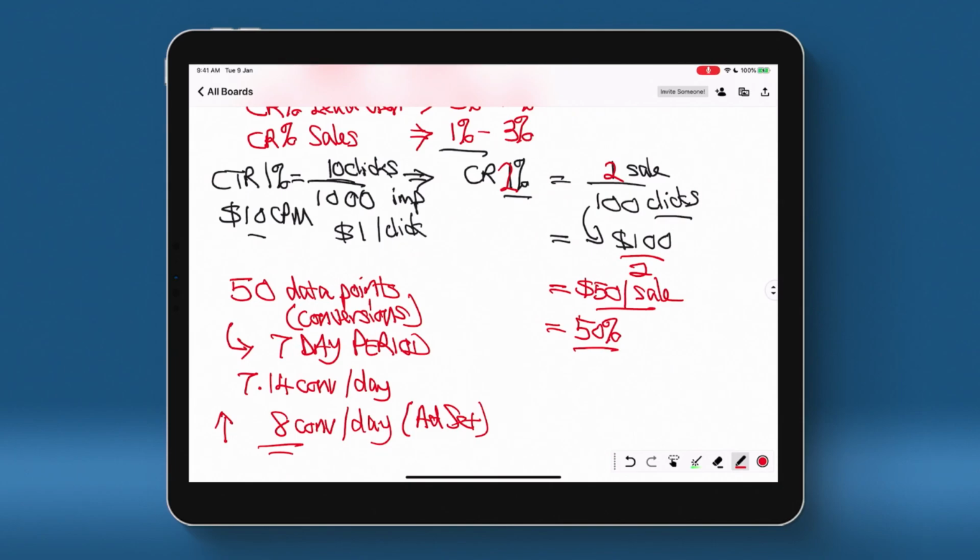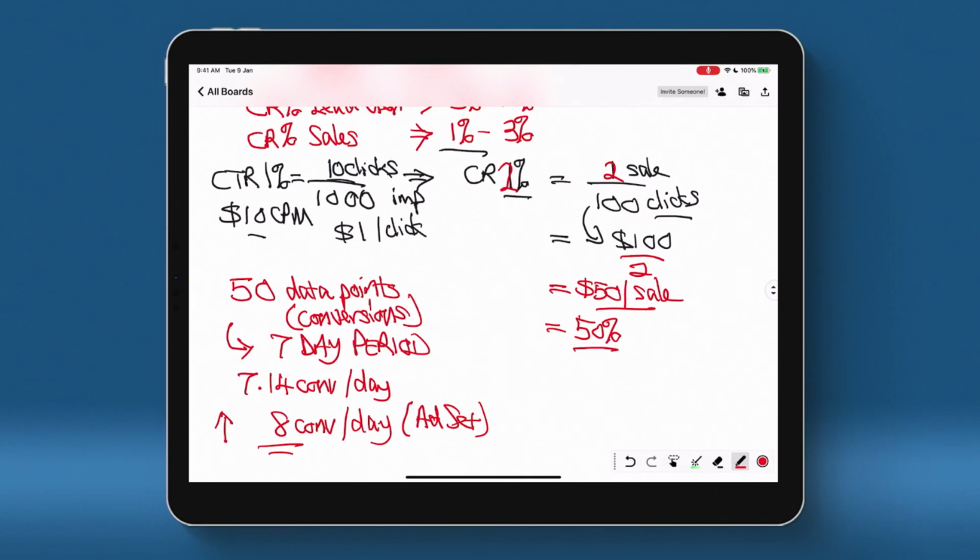It is profitable. You can continue doing this forever in that sense. But that also means that you cannot sell a product whose profit is less than $100 because at $100 it's going to be break even and below $100 it's going to be a loss.